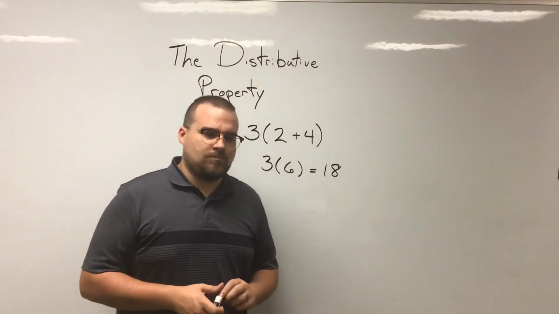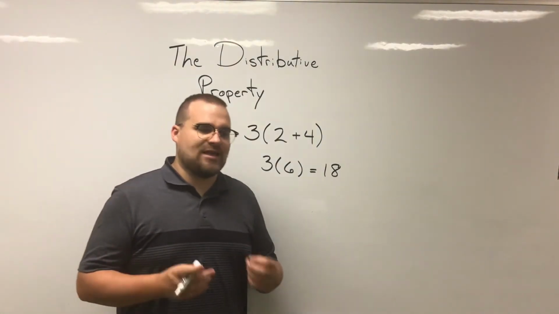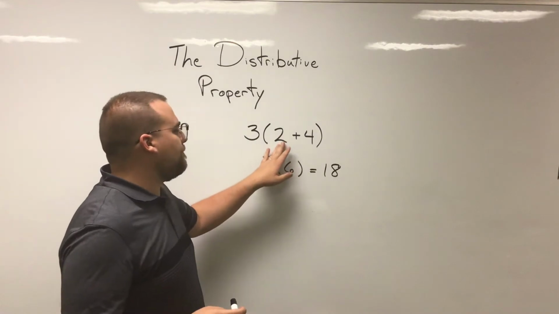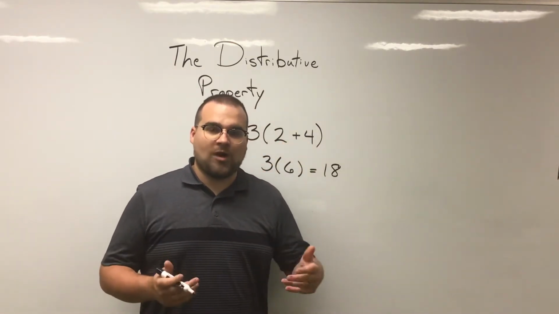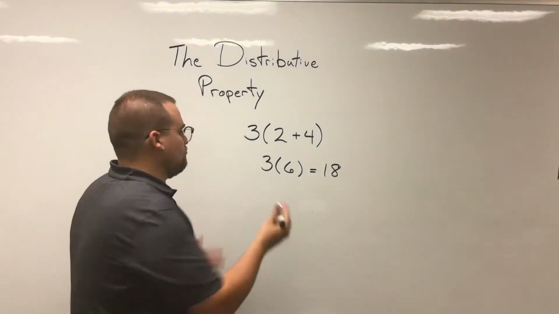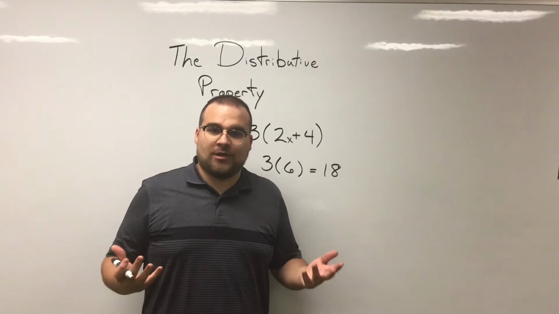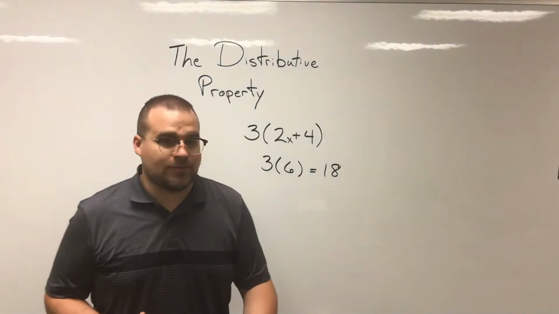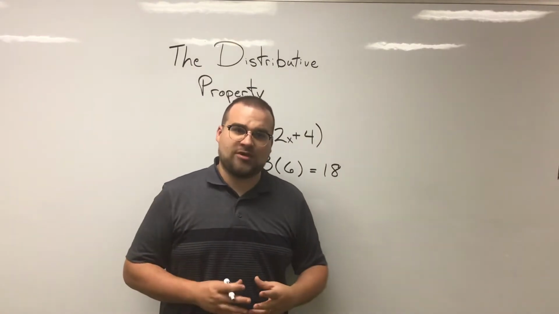However, mathematics poses the question, what if we cannot combine these two terms? What if we just have an x on one of them, say, 2x and 4? And from what you know about combining like terms, those two numbers can't go together.